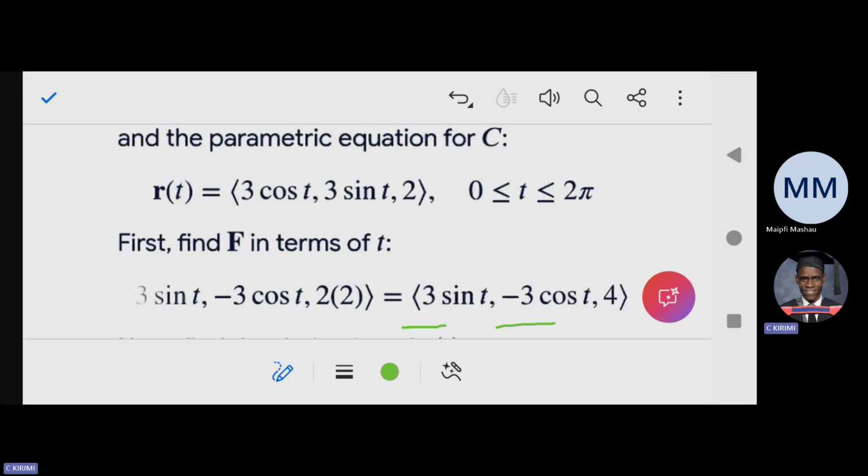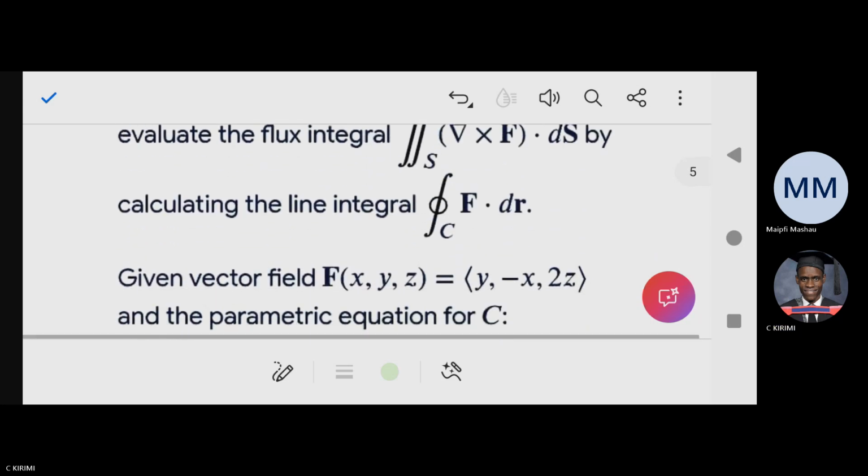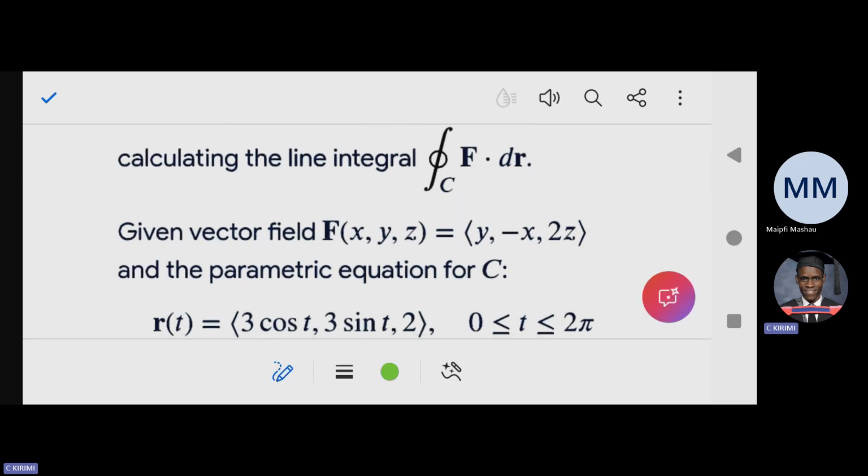You are replacing in the value of the original that was given. Remember the original that was given for f, it is 2z.